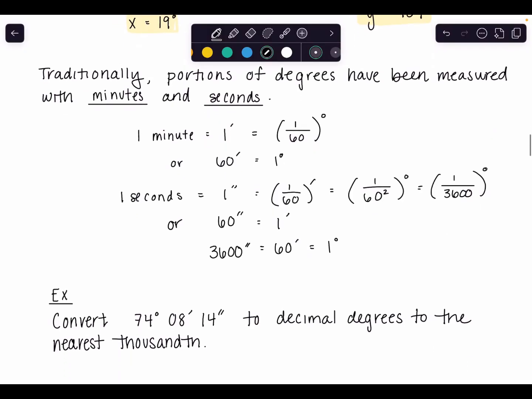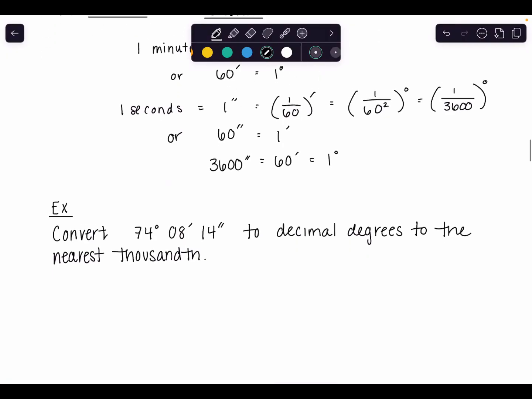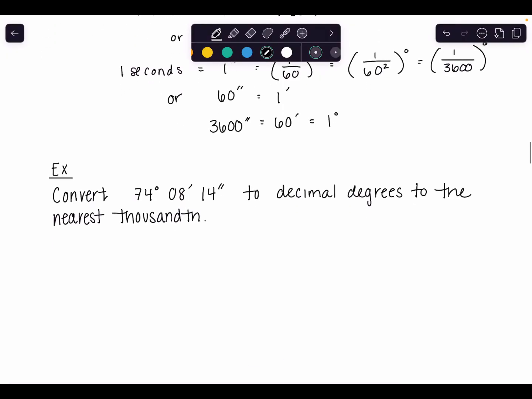So we're going to convert 74 degrees, 8 minutes, and 14 seconds to decimal degrees, and we're going to round to the nearest thousandth. Okay. So basically, I want to see what each of these are equal to in decimal form, right? So if I start with my second piece, this is going to be those minutes.